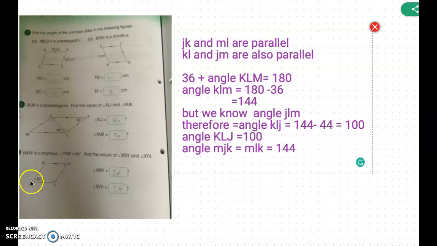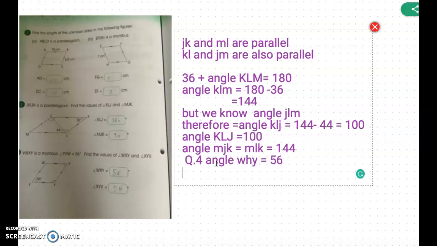These opposite angles are equal. So this is 56. Therefore, this is question number 4, right? So that means angle WXY is equal to 56, isn't it? That's easy.